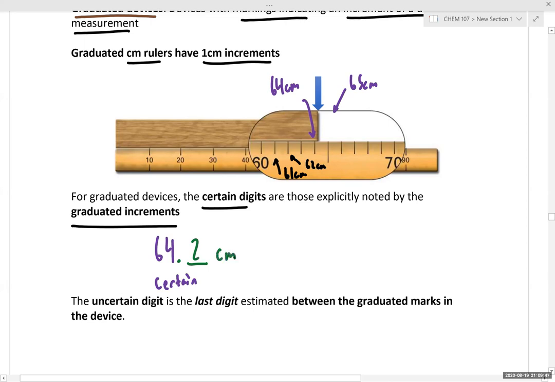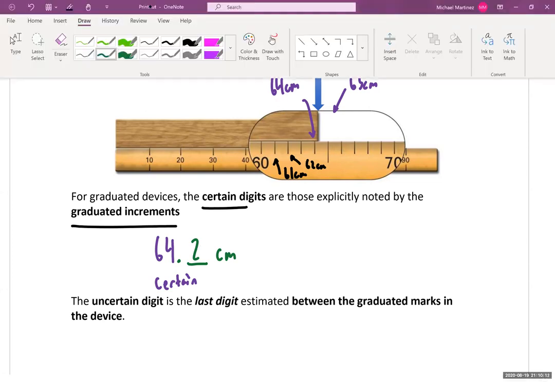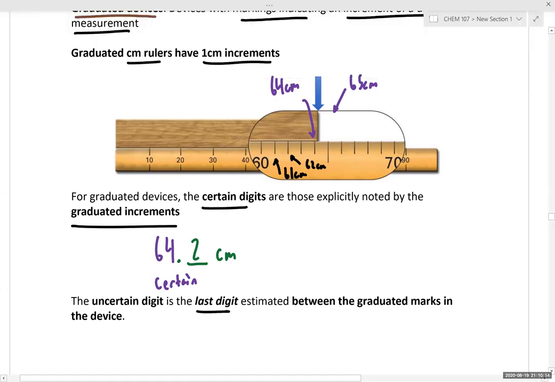That's perfectly fine. You can estimate 1 digit, 1 decimal place past your certain digits. So 64, that's certain. We see a clear graduated mark. And then we estimate 1 more decimal place, and that's our estimated digit. The estimated digit is the last digit that's estimated between the graduated marks on our device.